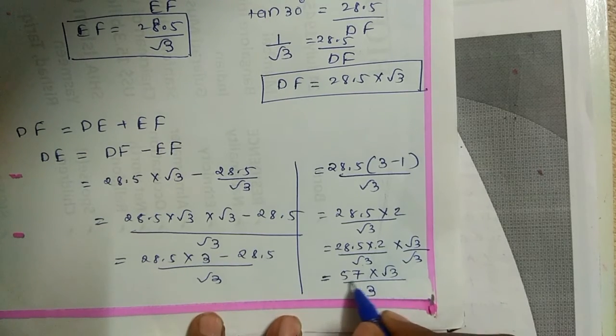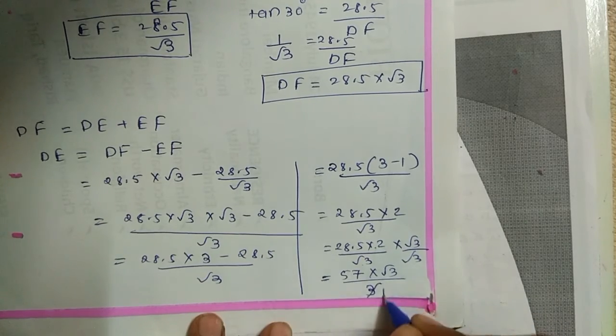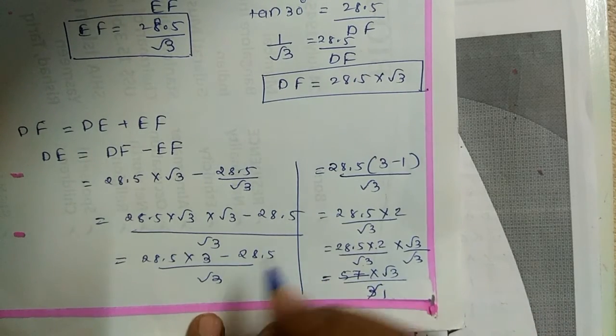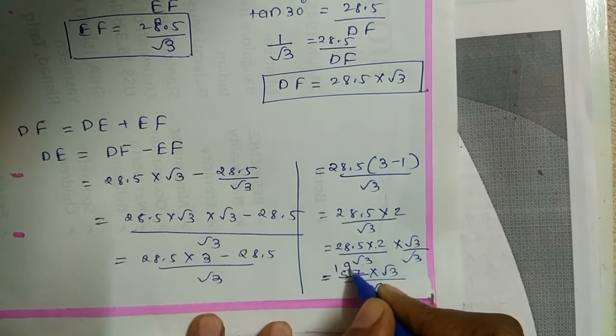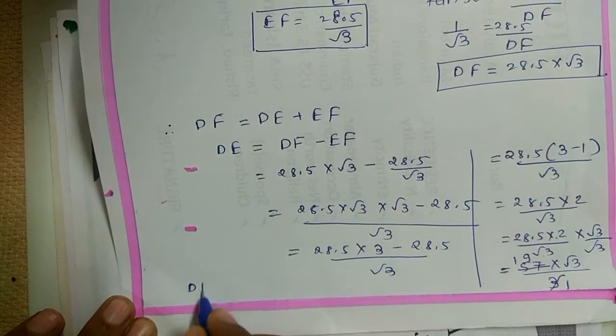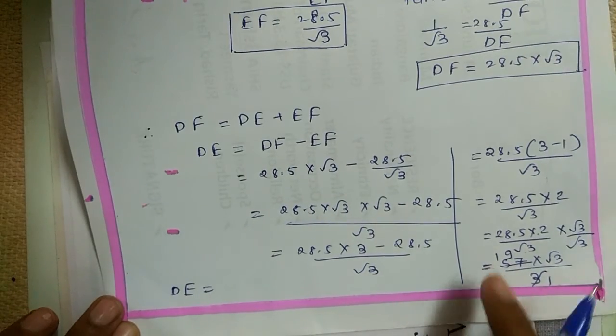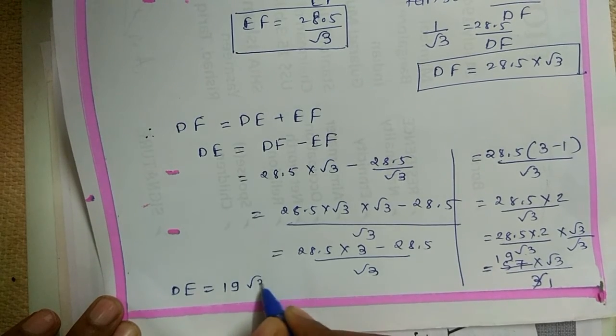Now 57, 5 plus 7 is 12, so you can divide this by 3. 3 ones are 3, then again 3 nines are 27, you'll get 19. So finally you'll get D as 19 into root 3 meters.